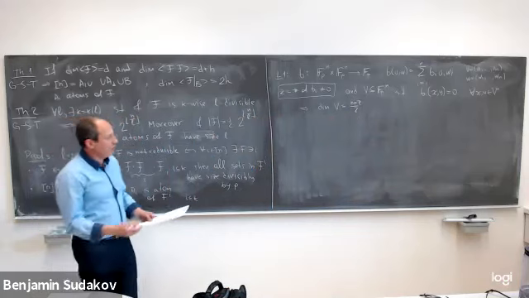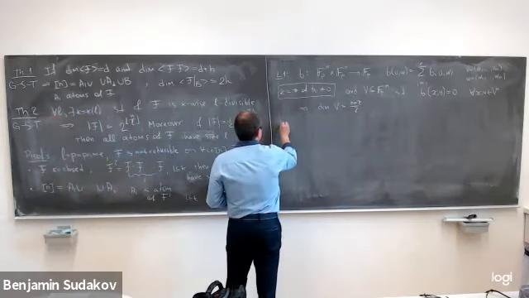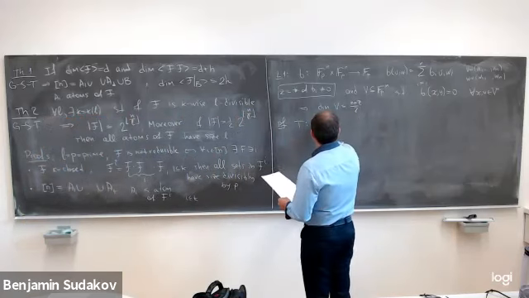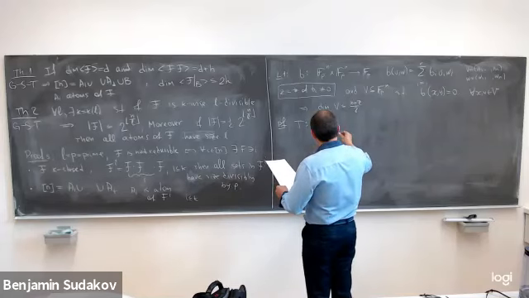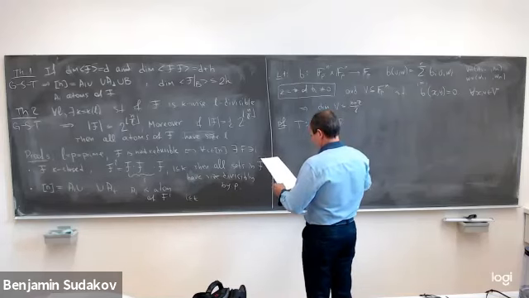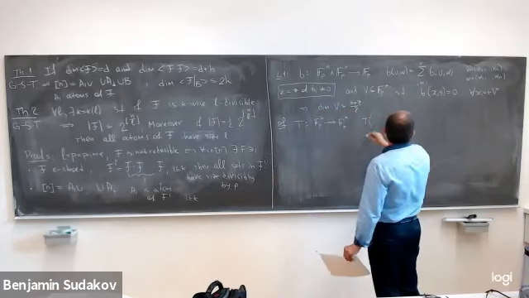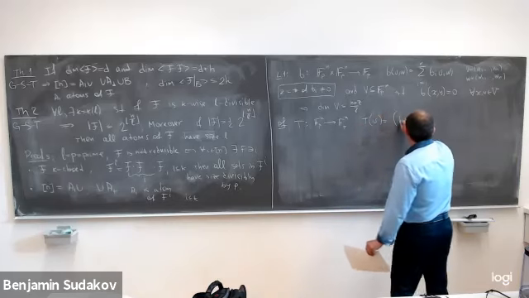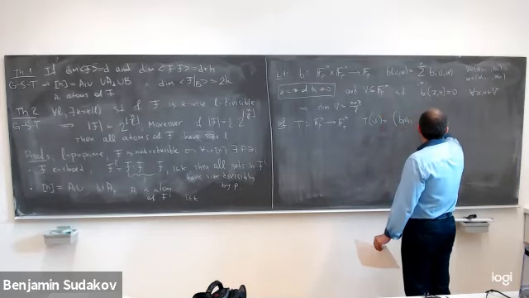And again, just to be self-contained, it's a very simple lemma. I prove it. You take a linear transformation T from Fp^n to Fp^n, such that T of a vector v is the vector b_1 v_1, and so on, b_n v_n.